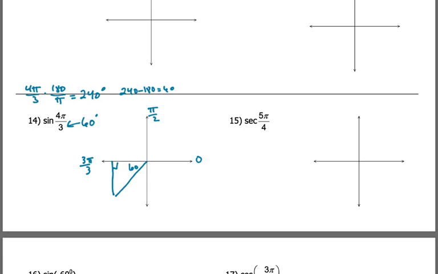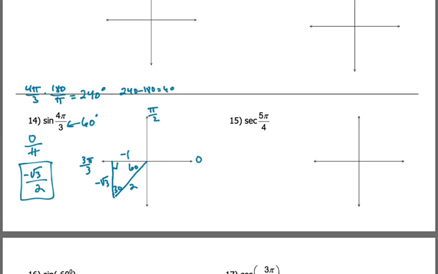All right, so using my 30, 60, 90 rules, the side across from 30 is going to be negative 1. The x's are negative there. This is going to be negative square root of 3, and then this will be 2. So the sine is opposite over hypotenuse, and so we're going to get a negative square root of 3 over 2, and that's our answer.